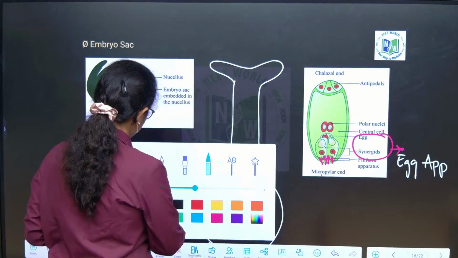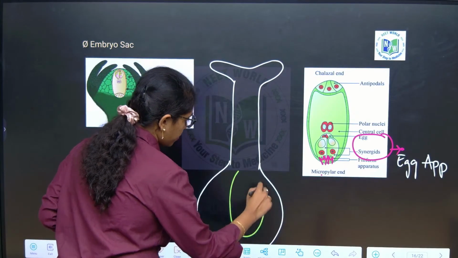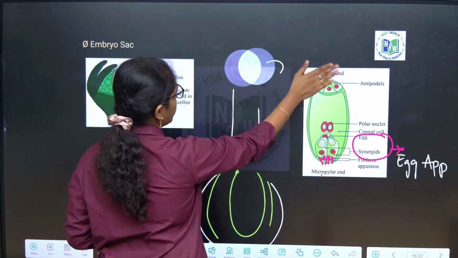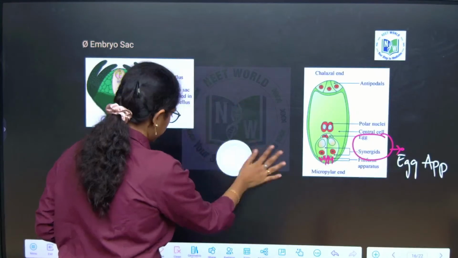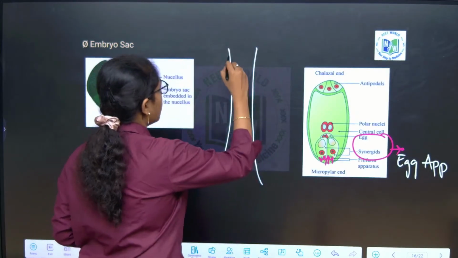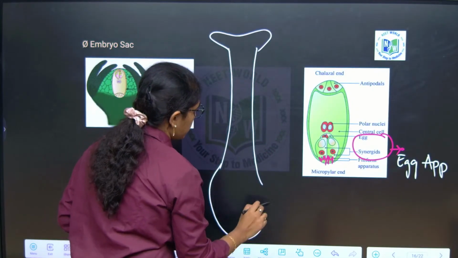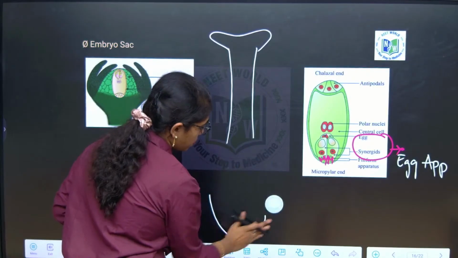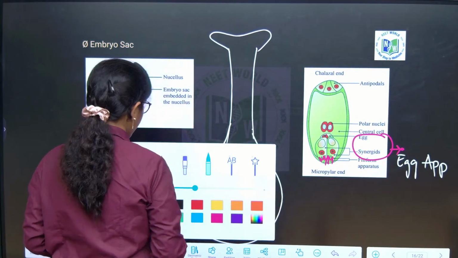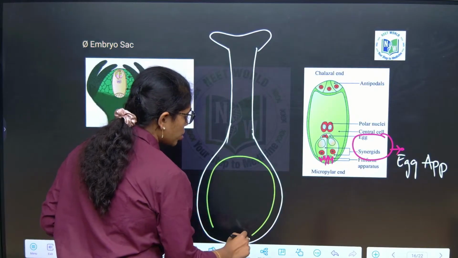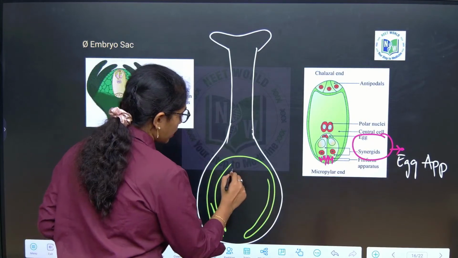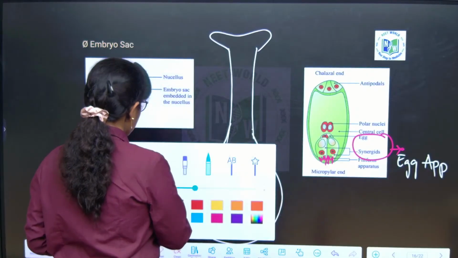So, here is an embryo sac. Inside the ovule, after 1 meiotic division and 3 sequential mitotic divisions, what cells are formed?